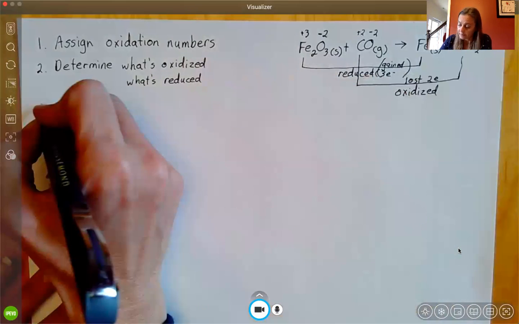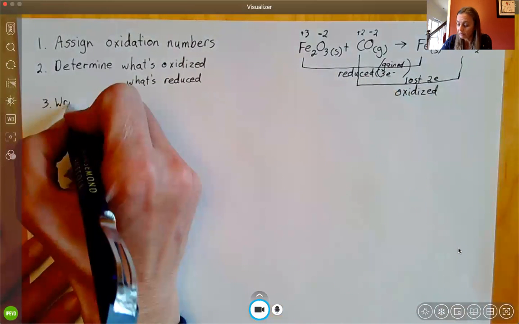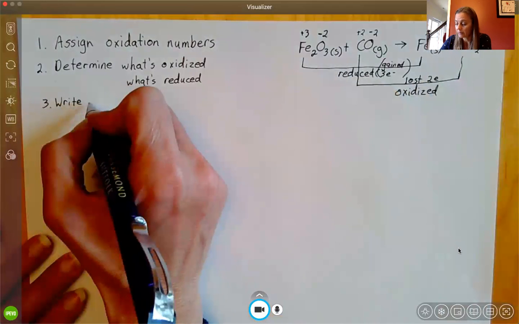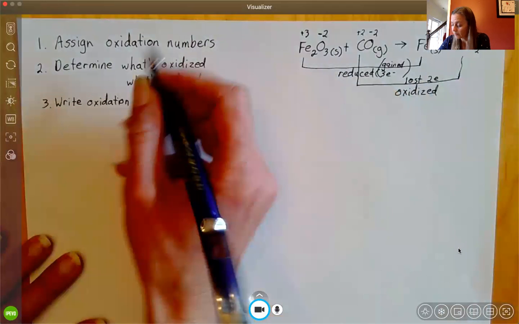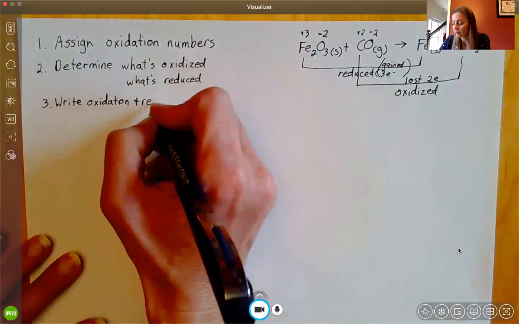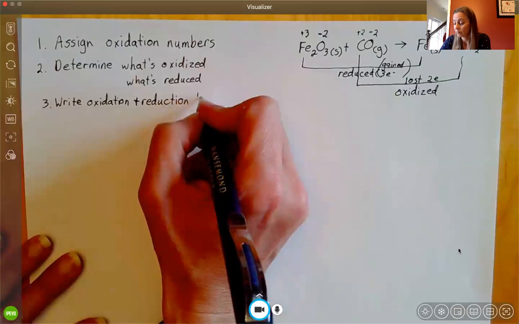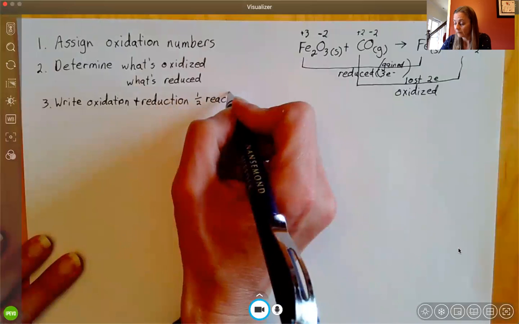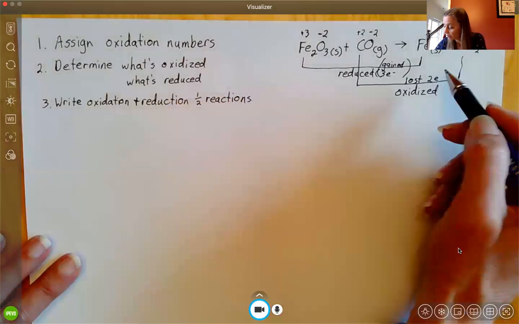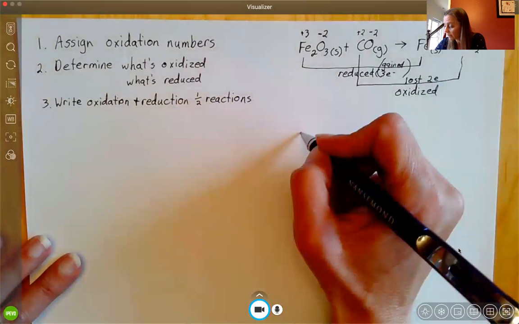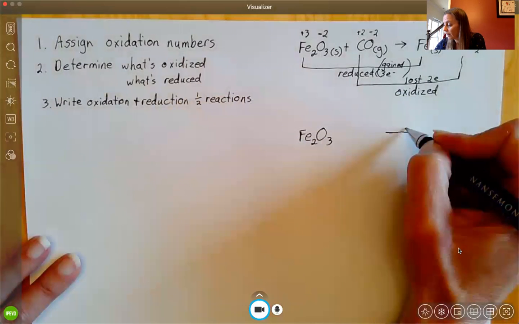And so our third step is going to be to write the oxidation and reduction half reactions. My reduction half reaction is going to be Fe2O3 forms Fe.